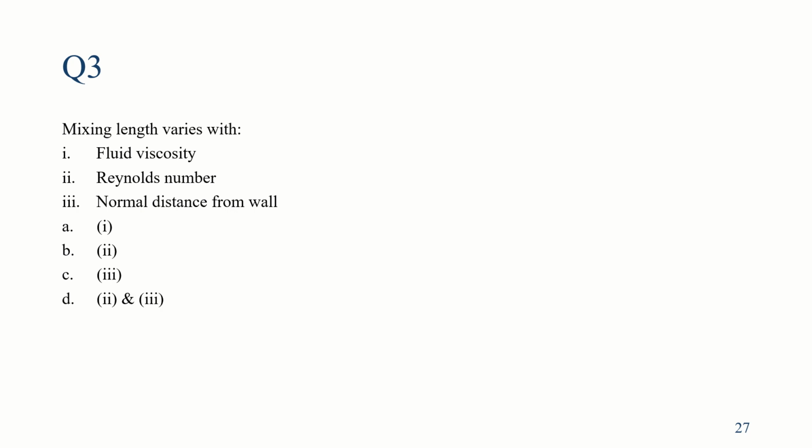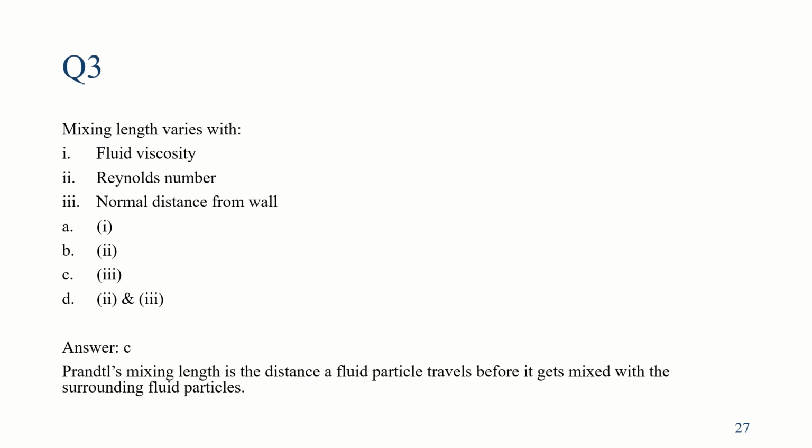So mixing length varies with Reynolds. 3 is sure. Yes. So mixing length is not varying with fluid property like fluid viscosity, nor is it varying with Reynolds number. Rather, it is focusing on the normal distance from the wall, so how much it is away from the wall. That we call a mixing length.